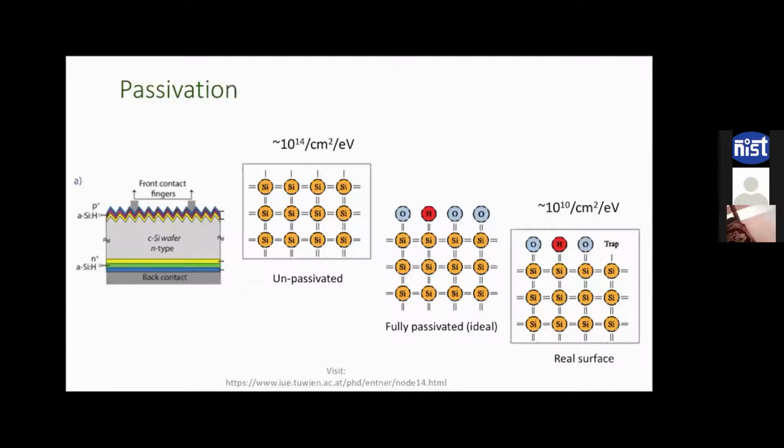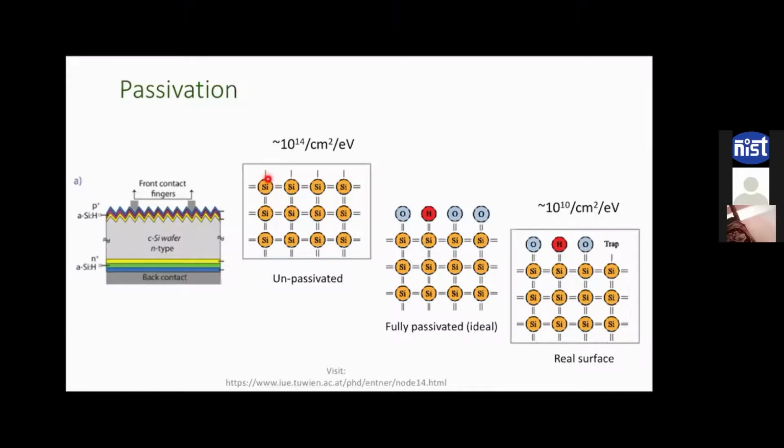If you keep your silicon wafer untreated, that means if you keep these dangling bonds, as they are called, untreated or unsaturated and make your device, whether a solar cell or a transistor, you will end up with very degraded device performance. So what is the prime requirement? The requirement is that somehow you have to passivate, or saturate, these dangling bonds.